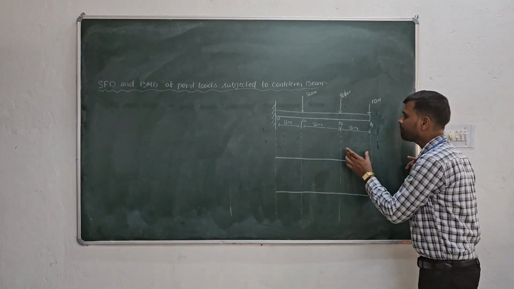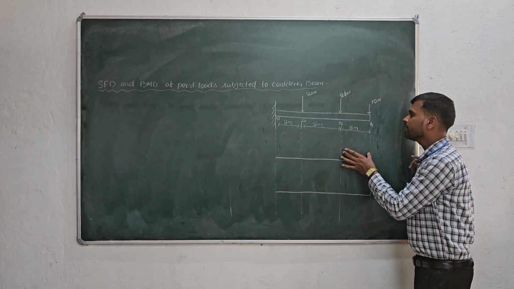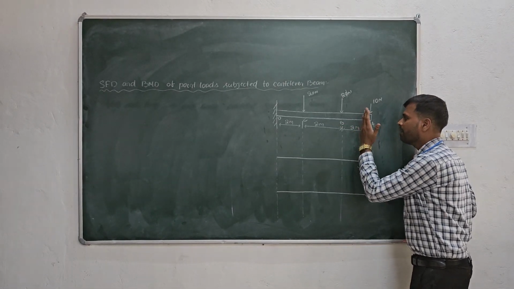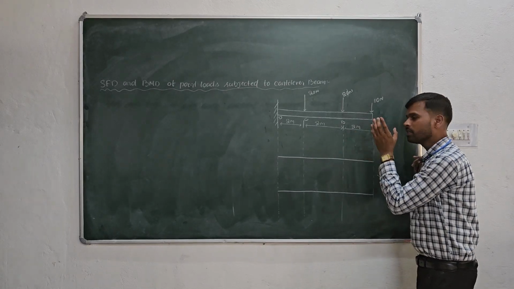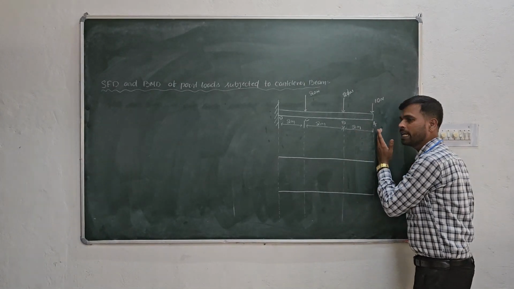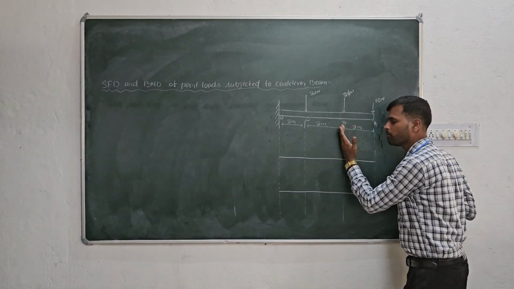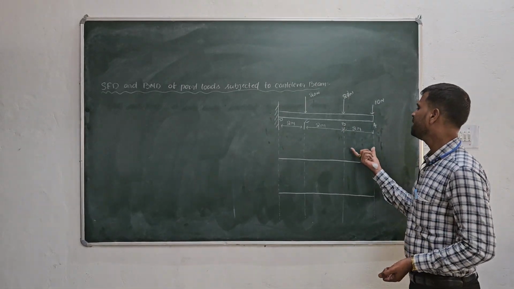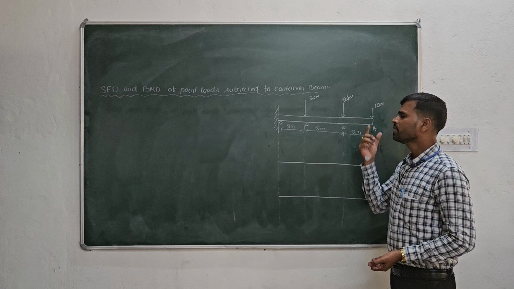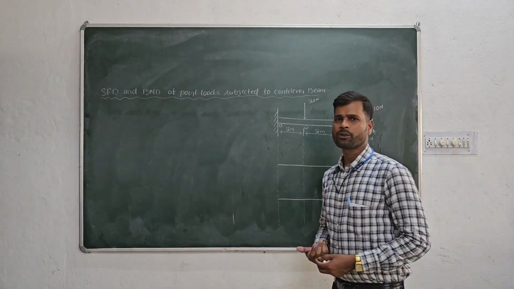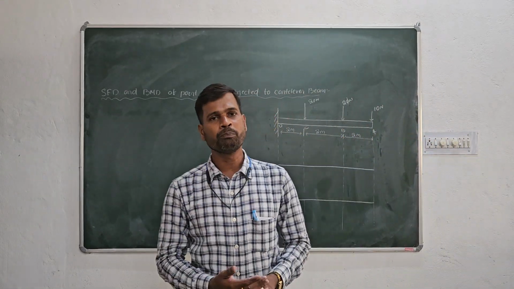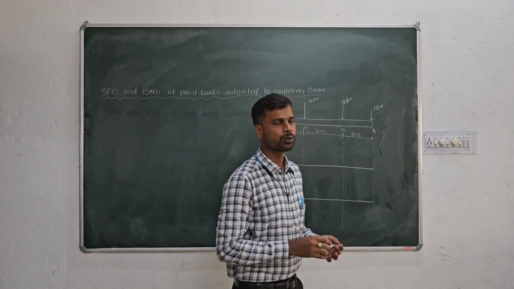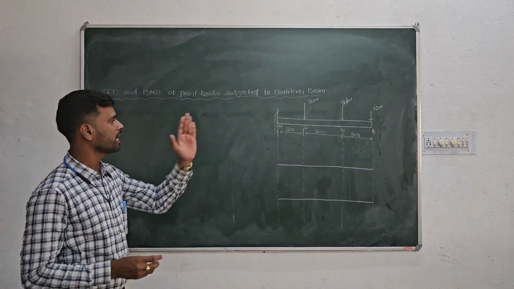If I take section AB, the salient points are A and B. I will calculate the shear force and bending moment for point A and for point B. I am not calculating them for the mid region, because there is no force or support there, so there is no change in shear force or bending moment in the mid region. So let us first take section AB.